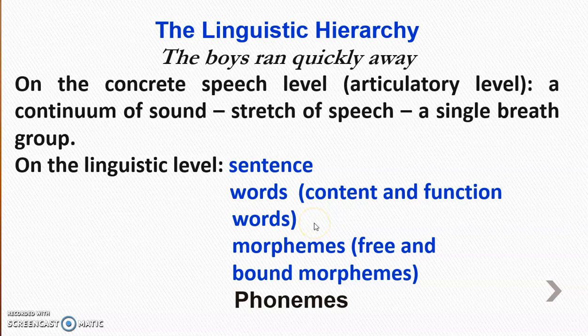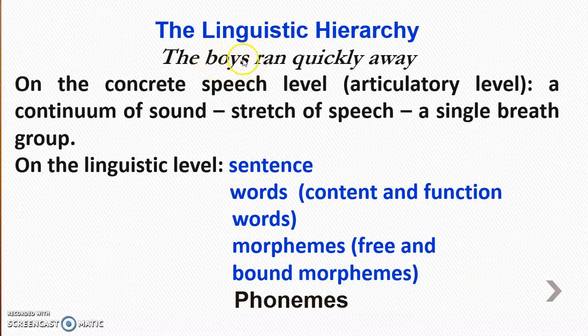Now, let's pay attention to the noun boys. Okay, that's a plural form. Great, because the singular noun would be boy, and boys is the plural. So that's a plural morpheme, right?